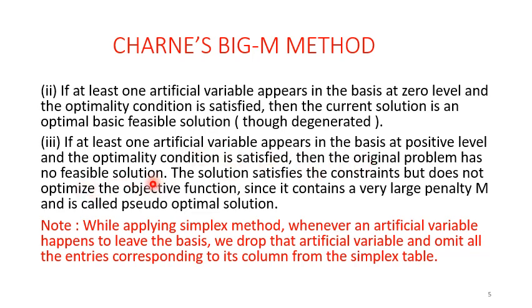Which means the solution satisfies the constraints but does not optimize the objective function. The solution that you have got will satisfy all the constraints given but will not optimize the objective function, since it contains a very large penalty M. So it is called a pseudo-optimal solution.